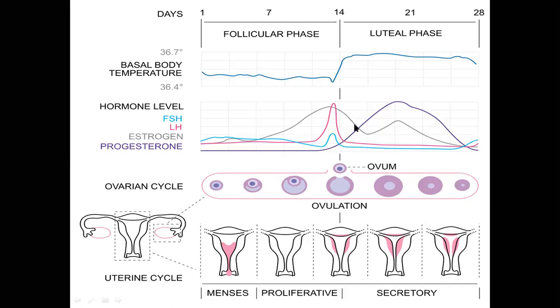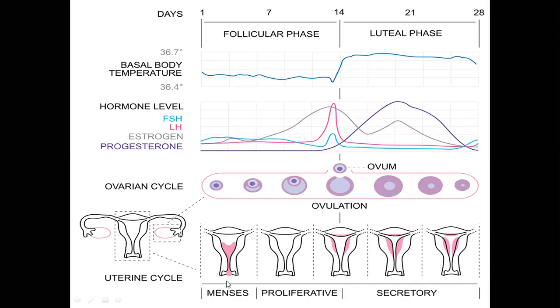It will maintain the endometrium lining and vascularize it. Vascularize means develop blood vessels, and it will increase the blood supply to the endometrium lining of the uterus, right? And this is called the luteal phase because of the development of the corpus luteum.